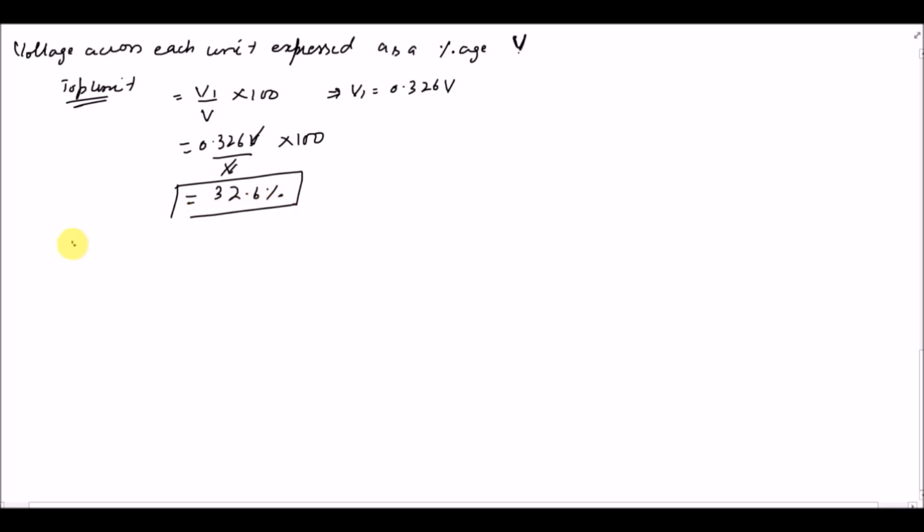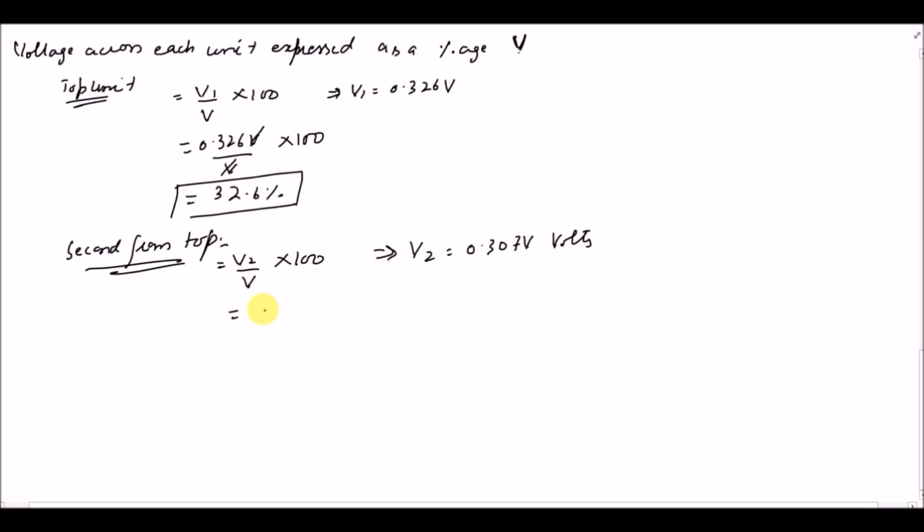Similarly for the second from top, or the middle one, we have V2 over V into 100. Again V2 is equal to 0.307 V volts, so it will become 30.7%. And for the last one, which is closest to the conductor, we have V3 over V into 100.